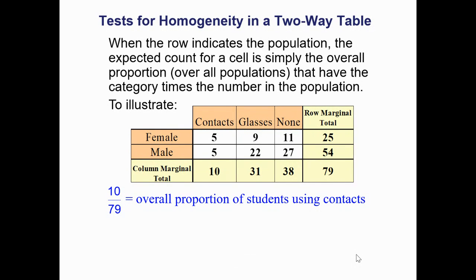So if we look at contacts, for instance, the overall proportion of students who use contacts would be 10 out of 79. And then we have 54 total male students.